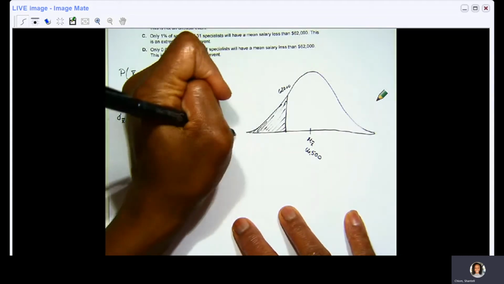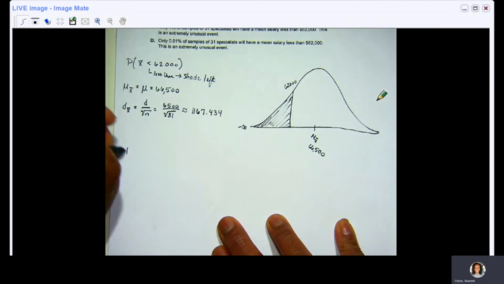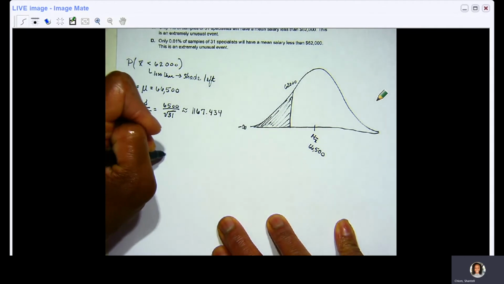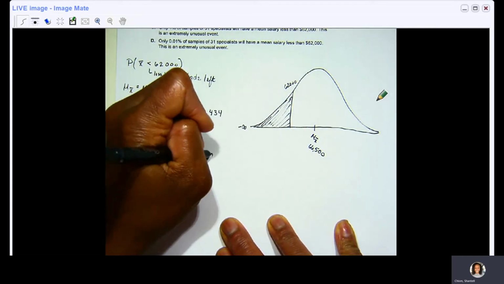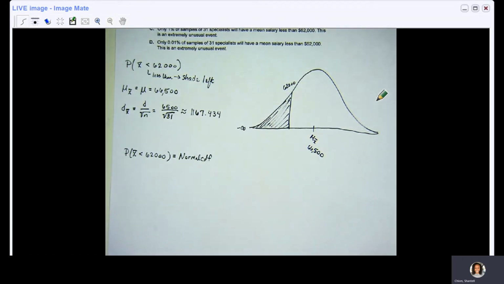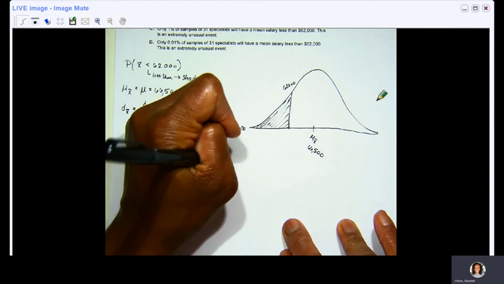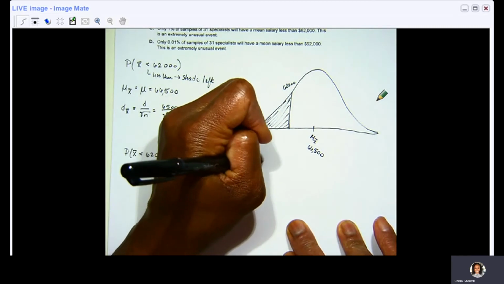And so if we shade left, we are approaching negative infinity in this tail. So probability that X bar is less than 62,000 is normal CDF. My lower bound is the negative infinity. My upper bound is the 62,000.